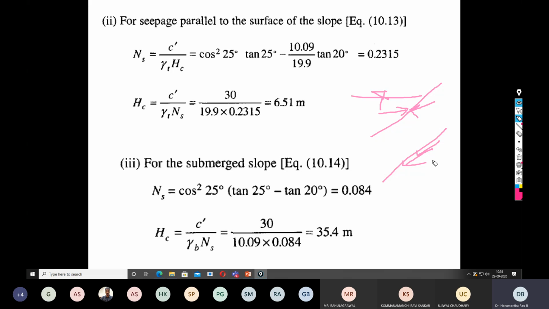Because of this additional component, the height required is minimum. But in submerged condition, as the slope tries to come down, the water weight offers some resistance. Because of this resistance, we can go for a larger thickness of the soil. Is it clear now, what is the meaning of positive and negative? Yes, sir.